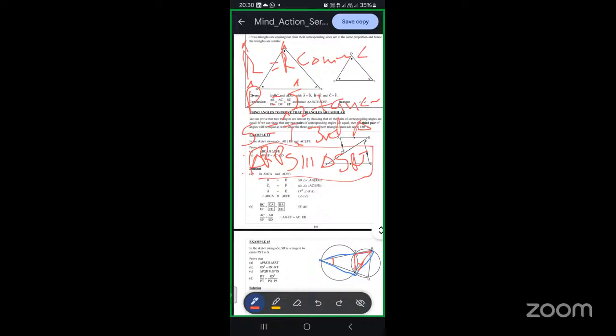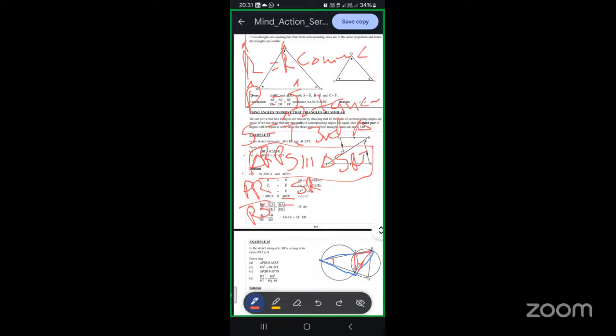I think you first need to figure out your proportions. So I have PR over RS, equal to SR over RT, and that is because of similar triangles.